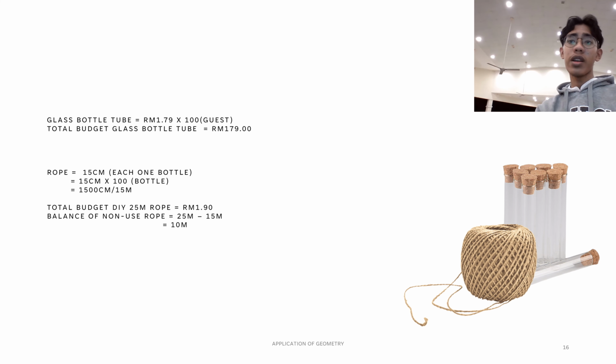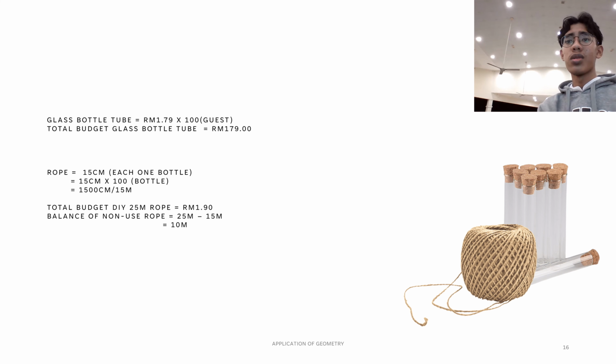Next, we have to find how much rope we need for 100 of them. Let's say we need 15 centimeters total length for each barrel. So we multiply by 100 to get the total length for 100 barrels, and the total length is 1500 centimeters, or we can say 15 meters.